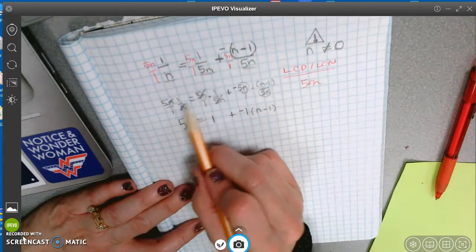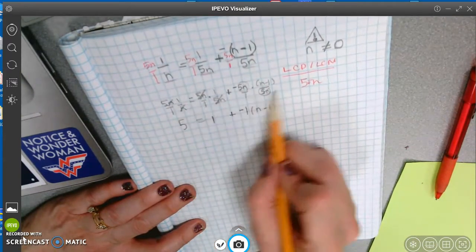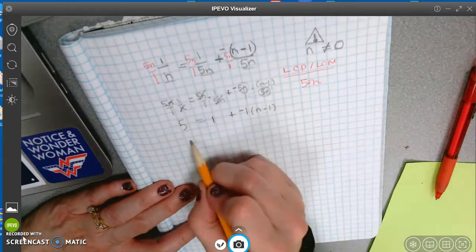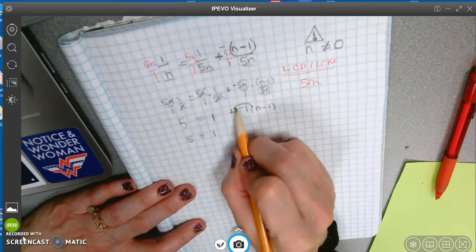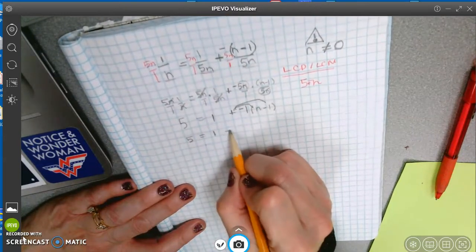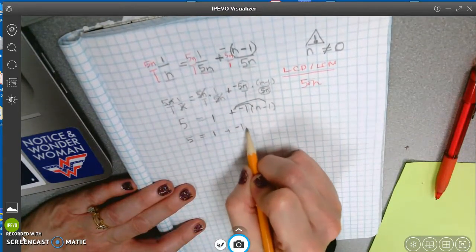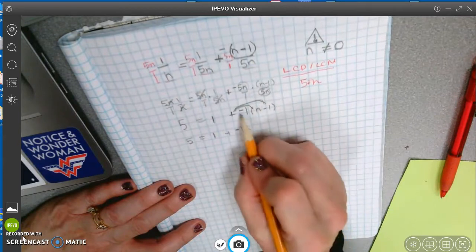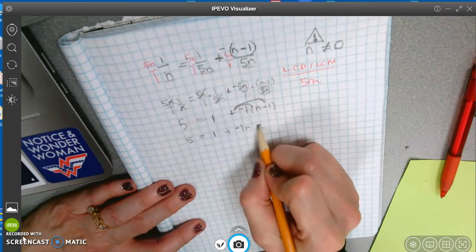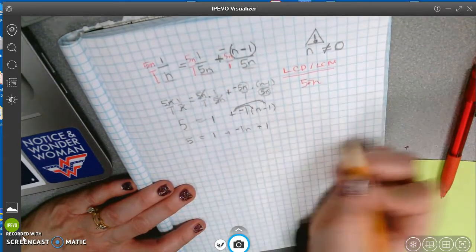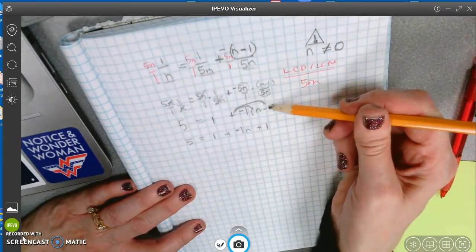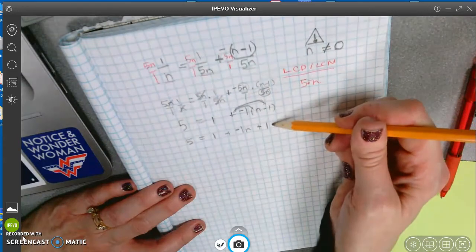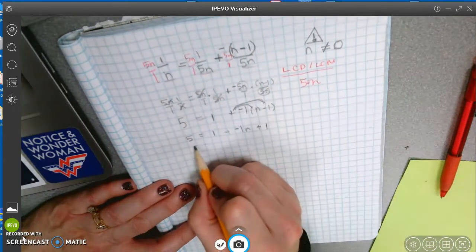But the beauty is, look, gone, gone, gone. All denominators are gone. And now, again, I'm back in algebra 1. I just have to be really careful with the distributive property here. Negative 1n. Again, a negative 1 times a negative 1 is a positive 1. Look, the rational expression is now much simpler. Back to algebra 1, and now we can finish it.